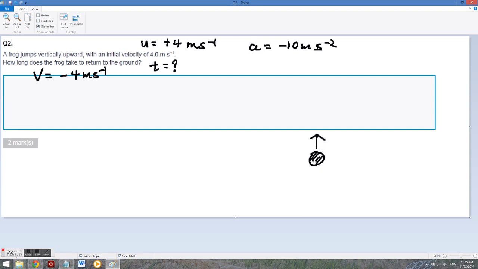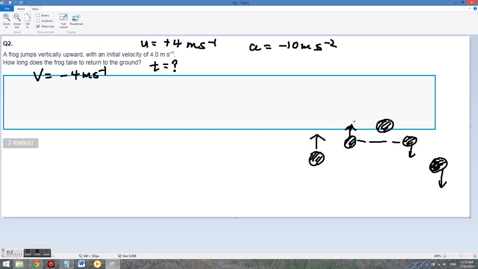So as the ball moves up, it slows down until its maximum point. Then it starts to drop down.